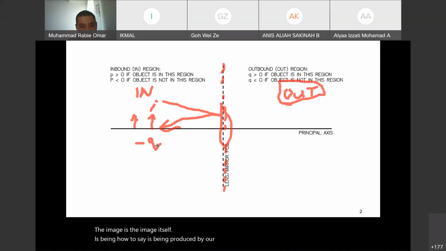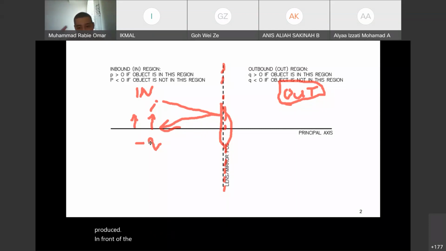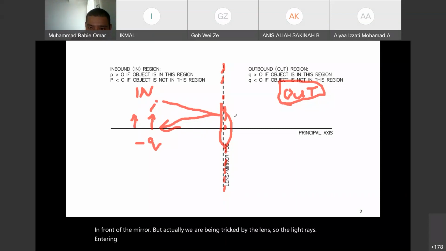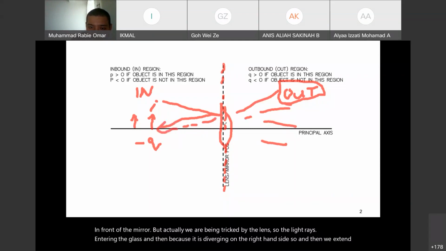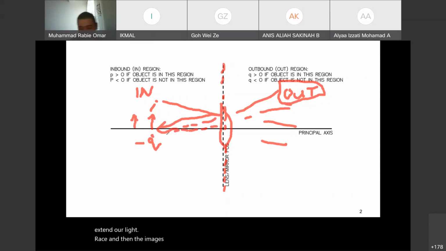So it seems that the image is being produced in front of the mirror, but actually we are being tricked by the lens. So actually the light rays are entering the glass, and then because it is diverging on the right-hand side, we extend our light rays, and then the image is formed in front of the mirror. So it should be minus Q.